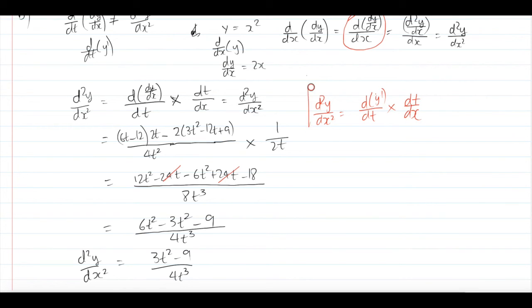This is the golden rule. If you remember this, then you won't fail when you see these questions. You go d dt of the derivative function, the gradient function, then multiply by dt dx to get rid of dt's, and you should be able to solve this. So good luck with that, and hopefully you are able to do the question in the textbook and have fun.